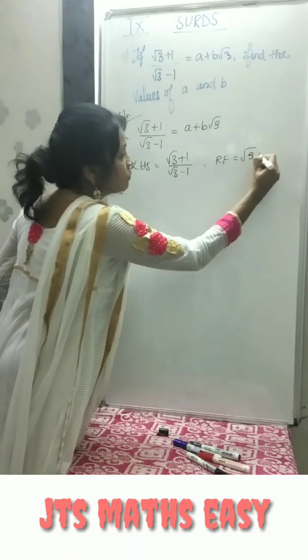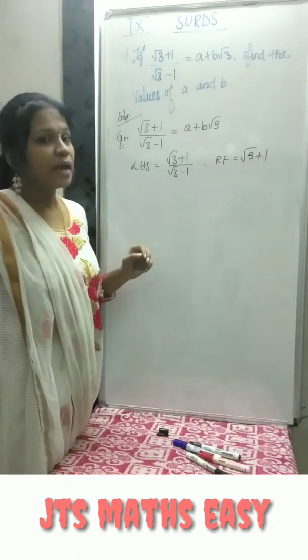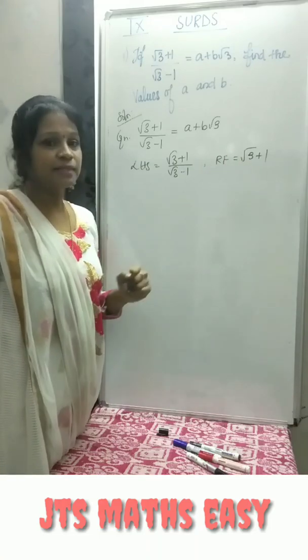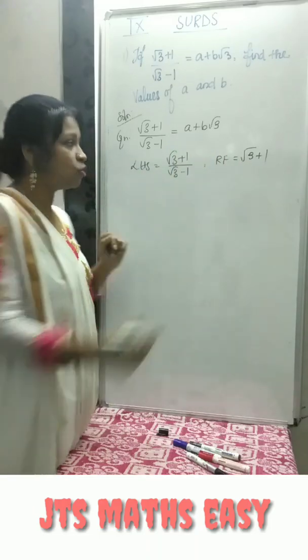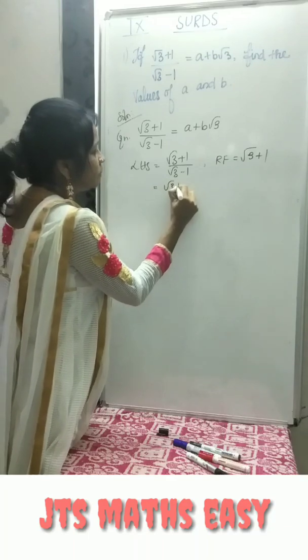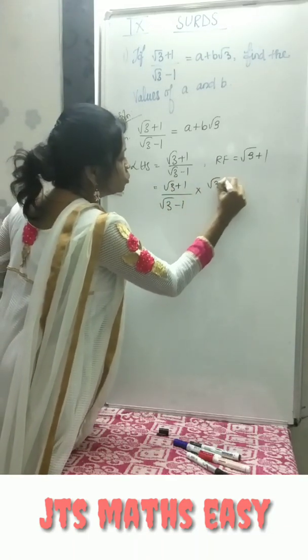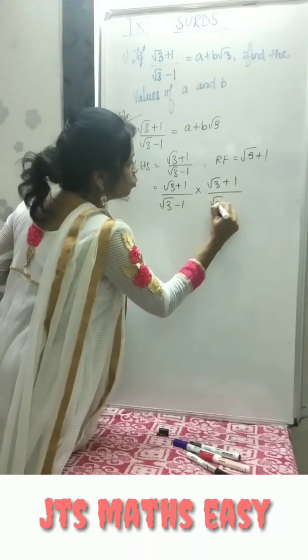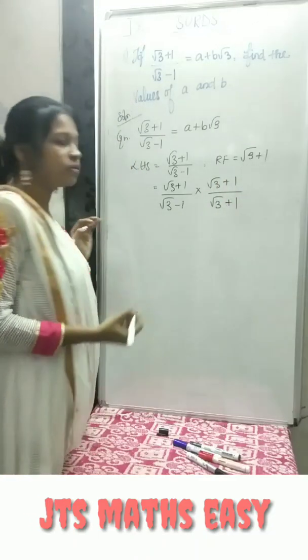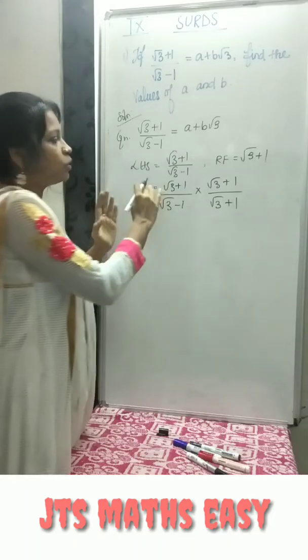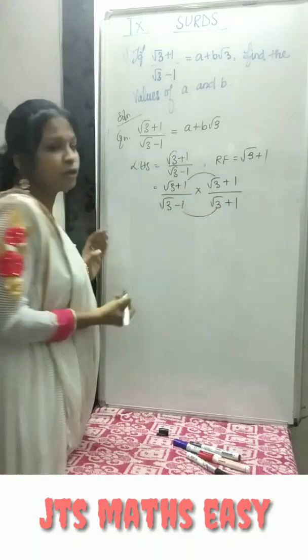So RF is nothing but root 3 plus 1. And step 2, we want to multiply this RF with the numerator and the denominator. So root 3 plus 1 divided by root 3 minus 1 into root 3 plus 1 divided by root 3 plus 1.